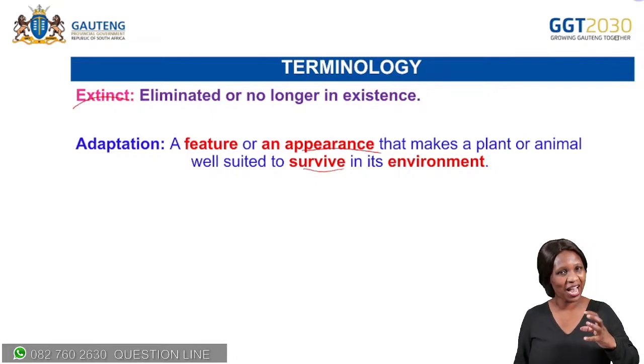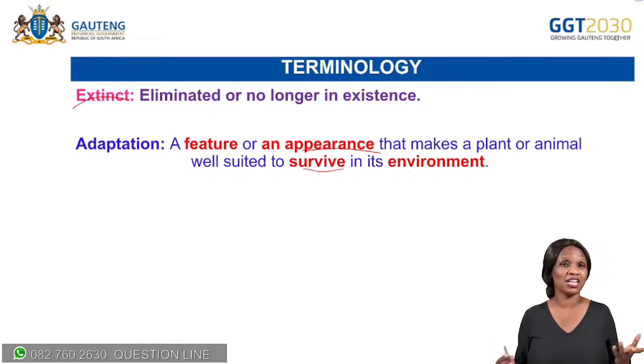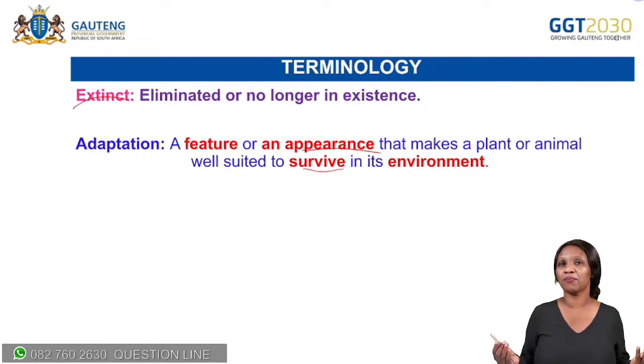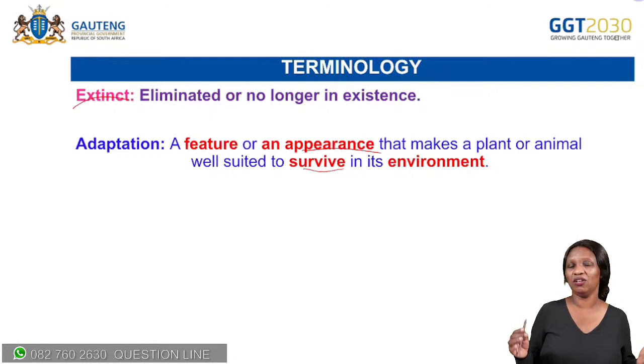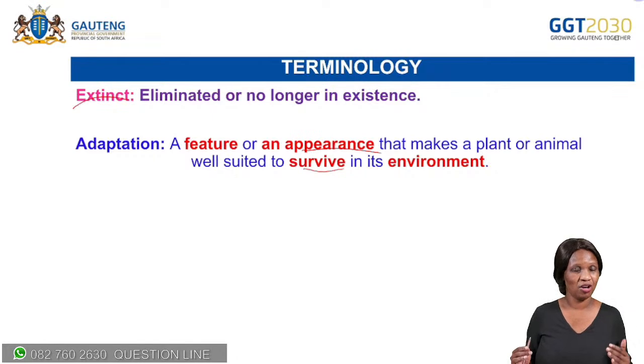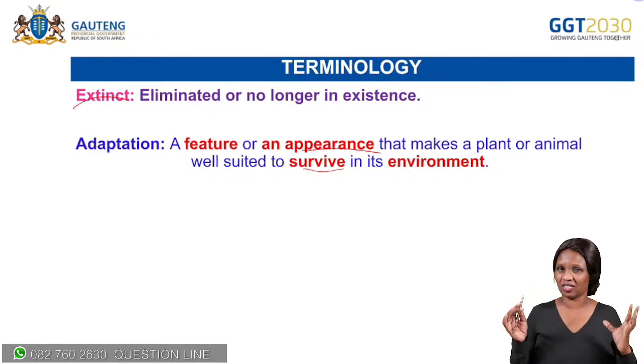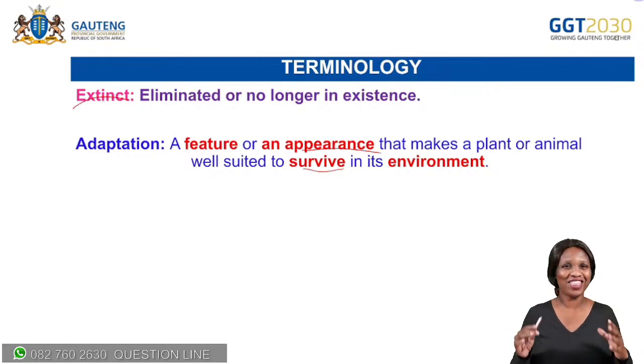They can survive in different environments. Some can survive in extreme environments. For example, the camel, even the polar bear. Remember, the camel can survive in a desert. Why? Because of its structure, its physique. All right. And then it can also live in a desert.